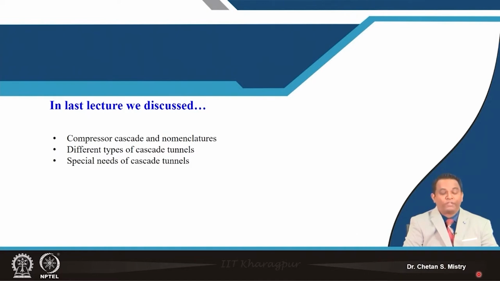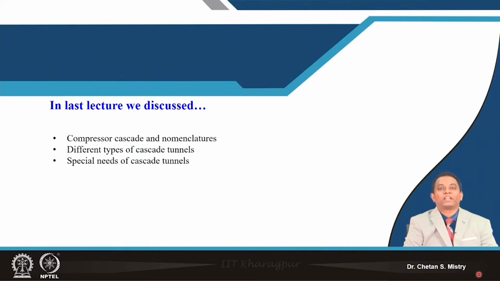We have introduced different types of cascade tunnels: the linear cascade tunnel, the annular cascade tunnel, and the sector annular cascade tunnel. We realized that all these tunnels have their own importance.